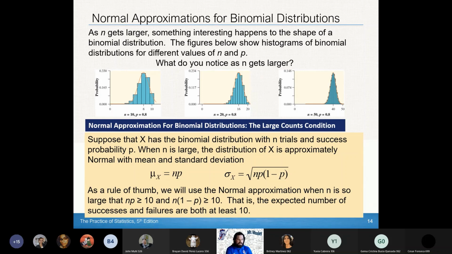Mean of X is np, standard deviation of X is the square root of np times 1 minus p. As a rule of thumb, we will use the normal approximation when n is so large that np is greater than or equal to 10, and n times 1 minus p is greater than or equal to 10. That is, the expected number of successes and failures are both at least 10.